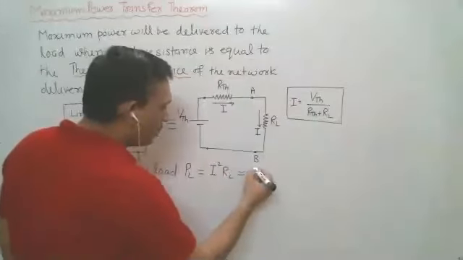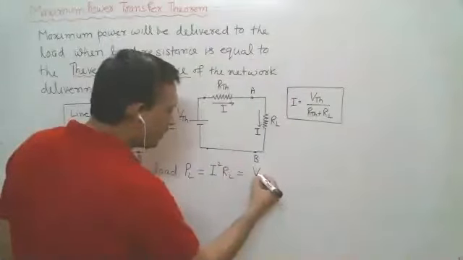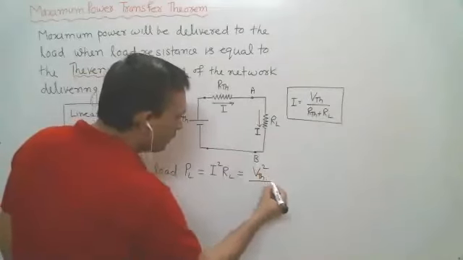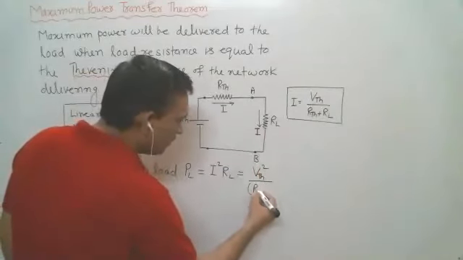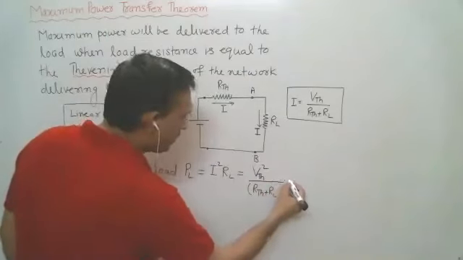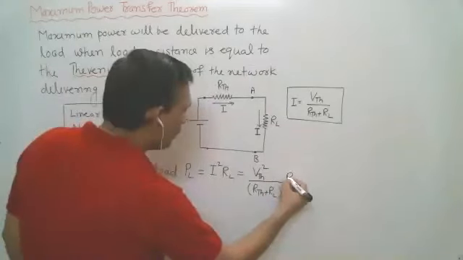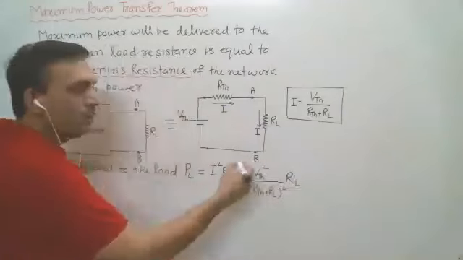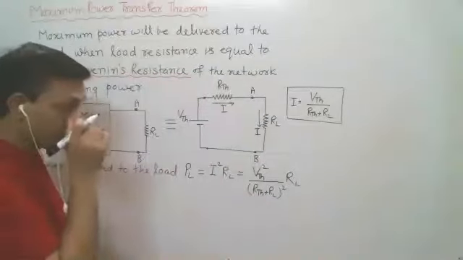And we know I, so you can write this as VTH square by RTH plus RL whole square into RL. This is the power delivered to the load.